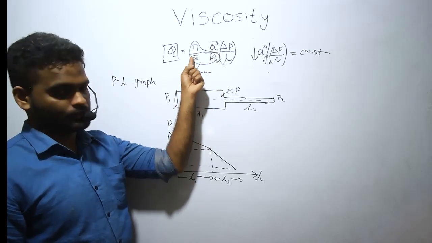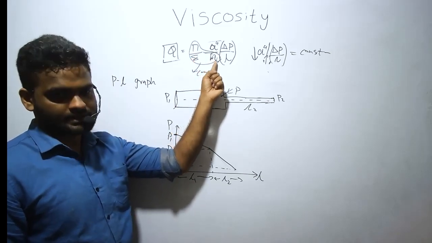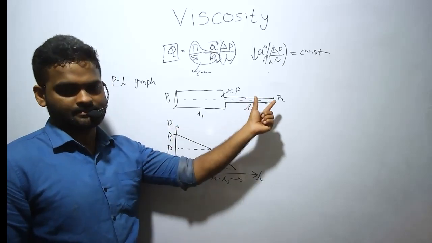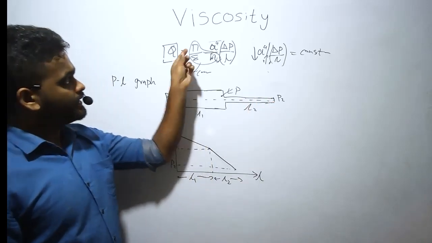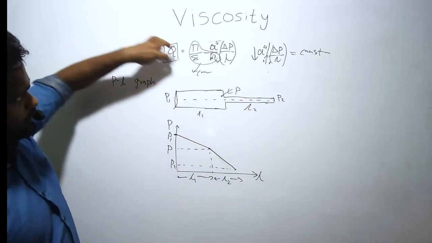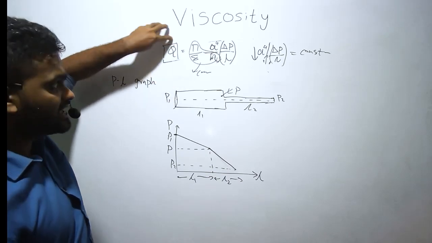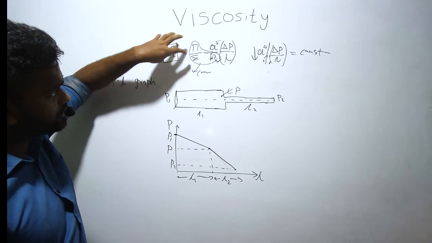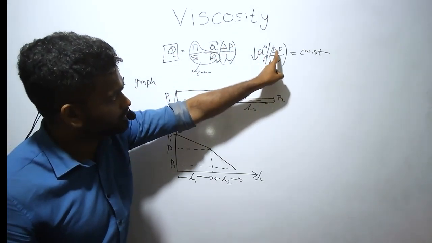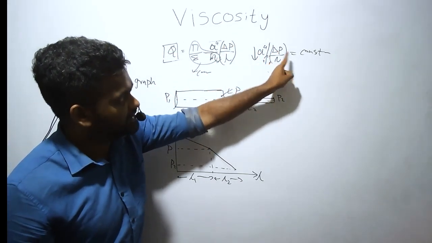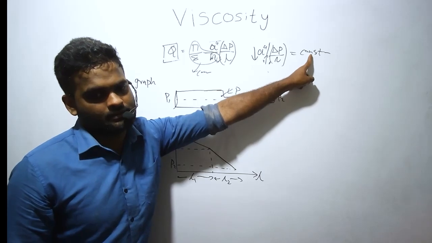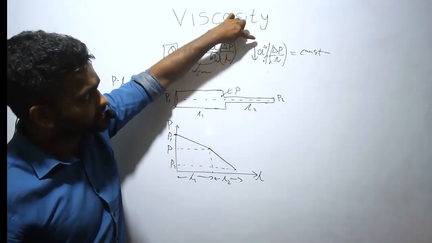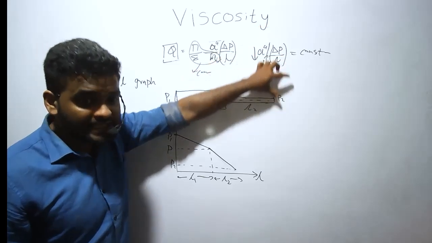Eta, 5/8 obviously constant, same liquid. Q is constant because series. Then when you cross multiply that to this side, you can put a letter to that, let's say like K, simply K, which is a constant. So A to the power 4 times pressure gradient is a constant.